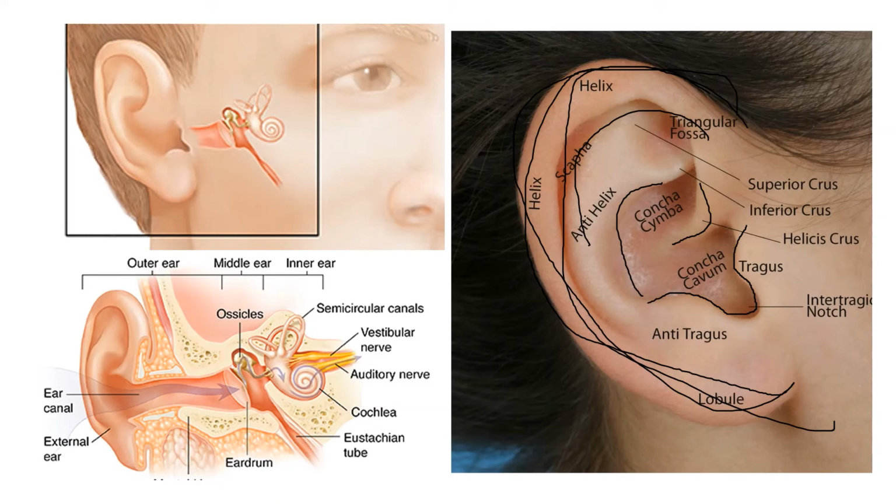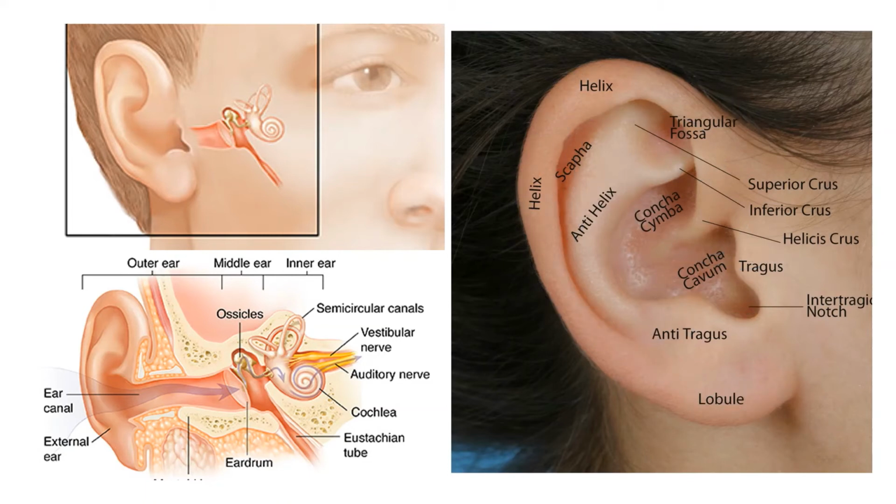It does this so that as sound comes in, sound reverberates and is funneled in. So kind of like the eye has a lens, well, the ear has a shape to it that helps to funnel sound in. Really cool that we were designed like that. I think it's pretty neat.